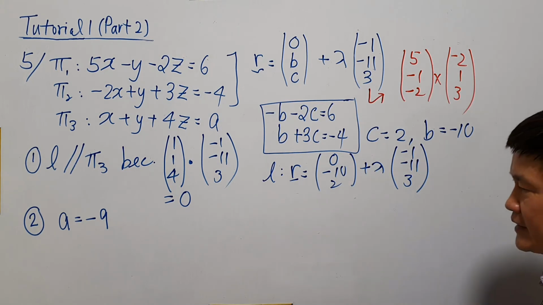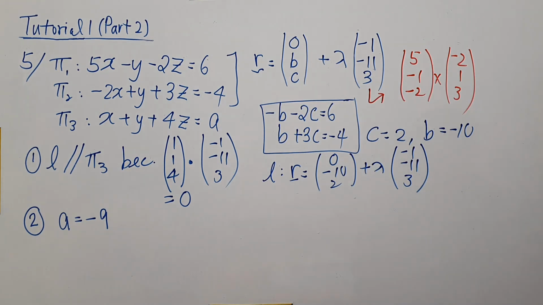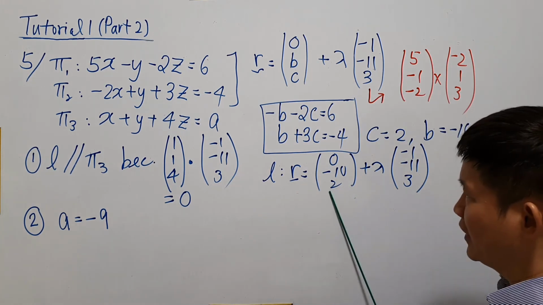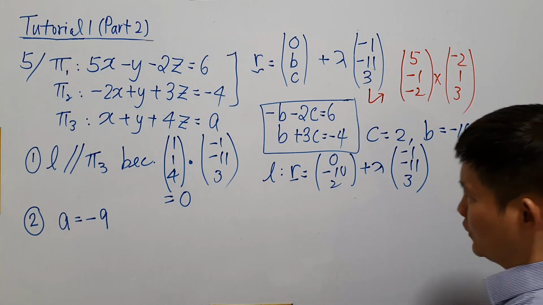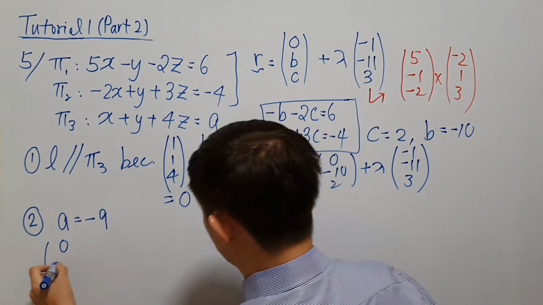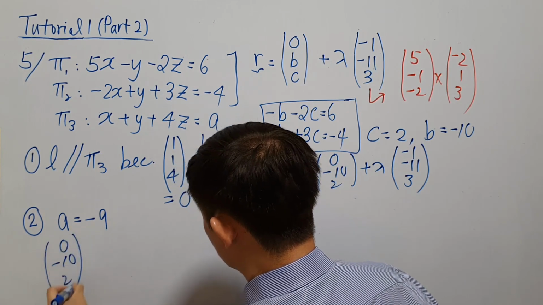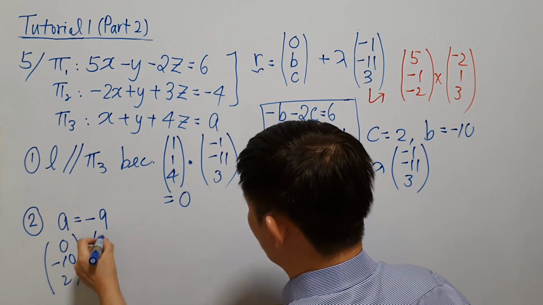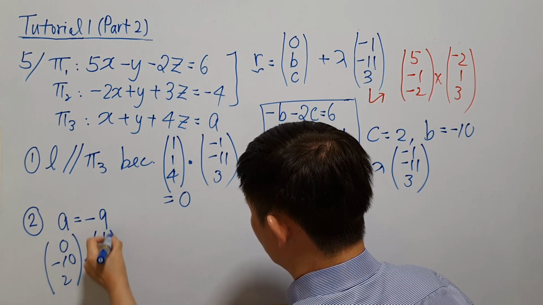If a is minus 9, now I take this point, and I want to check whether or not this point is on the third plane. What I do is I take this point, 0, minus 10, 2, dot product with 1, 1, 4.